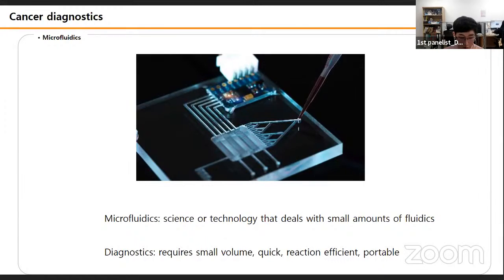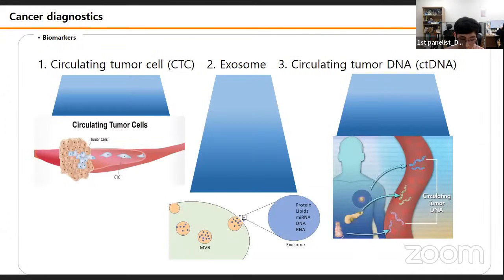In order to resolve this issue, microfluidics, which is science or technology that deals with small amounts of fluids, has been incorporated with liquid biopsy so as to develop a microfluidic diagnostic platform that requires a small volume of sample, enables quick and efficient reaction, and is portable. There are three main biomarkers in cancer diagnostics: circulating tumor cell, exosome, and circulating tumor DNA. I'll introduce how each biomarker is separated from patient sample in a microfluidic device.